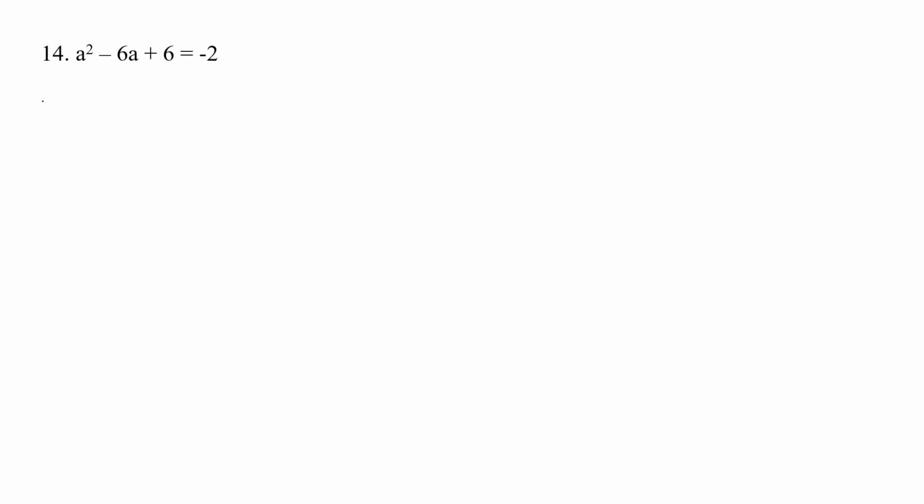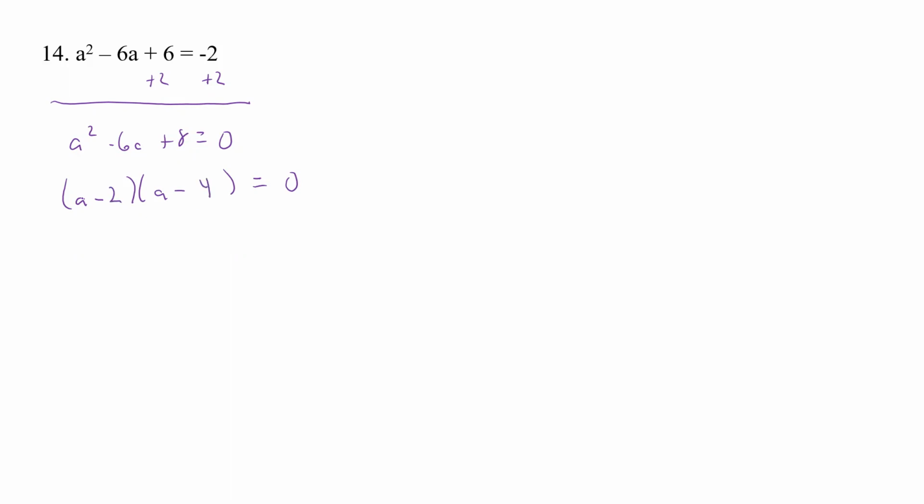All right, this one, we need to get 0 on the right side. To get 0 over here, we have to add 2 to both sides. That gives us a squared minus 6a plus 8 equals 0. Now we need two factors of 8 that add to 6 because we're going to have an a minus and an a minus. Well, 2 and 4 give us 8, and 2 plus 4 is 6.